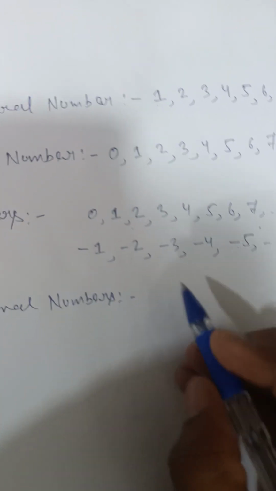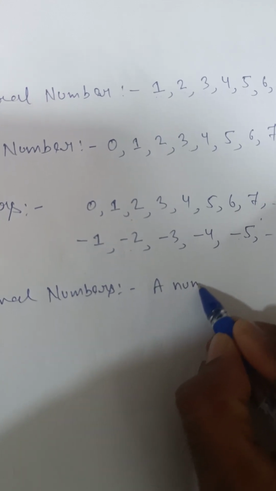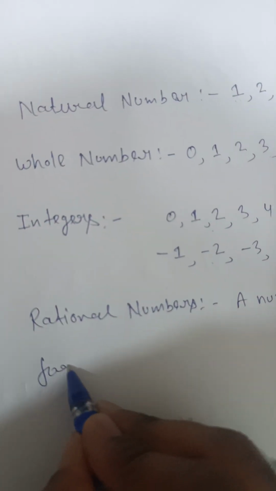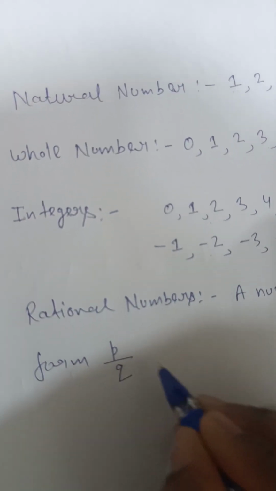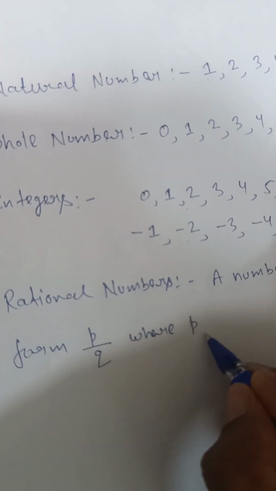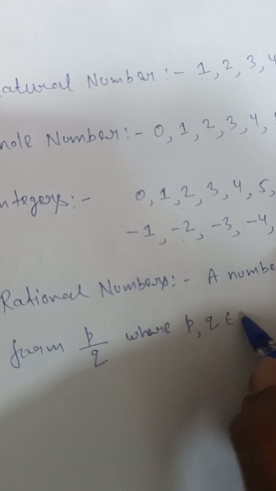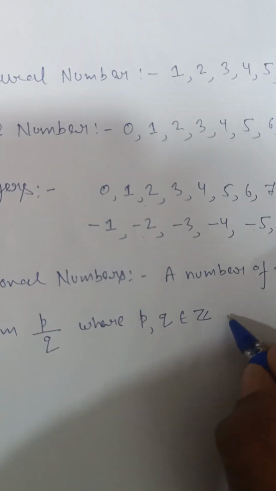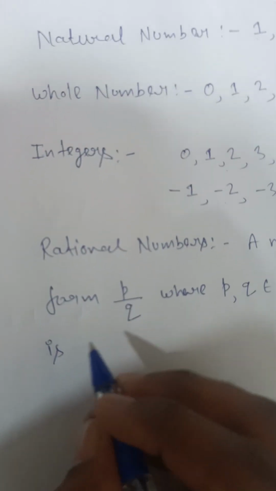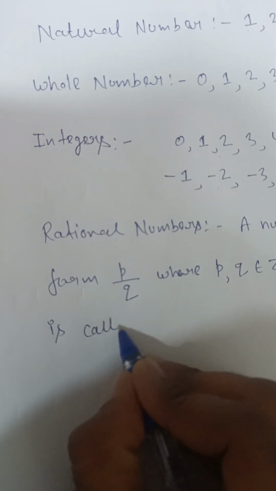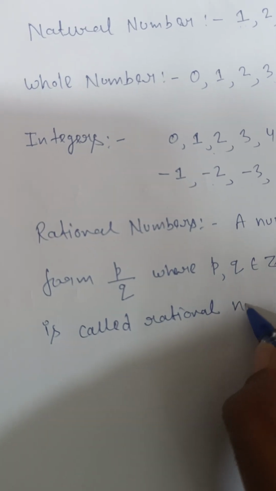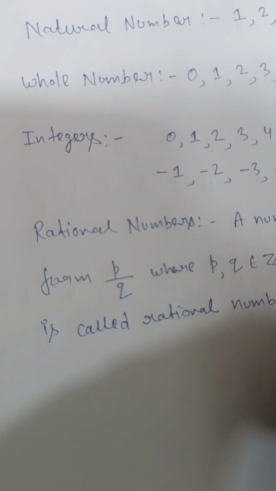Any number of the form p by q, where p, q belong to Z and q is not equal to 0, is called a rational number. Okay, so this is called a rational number.